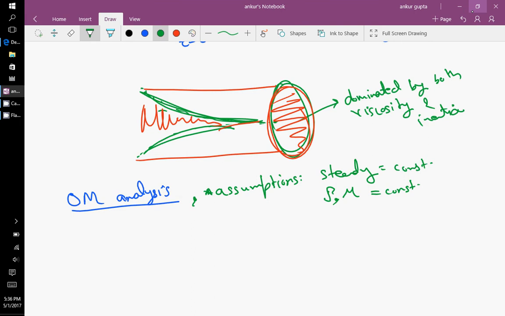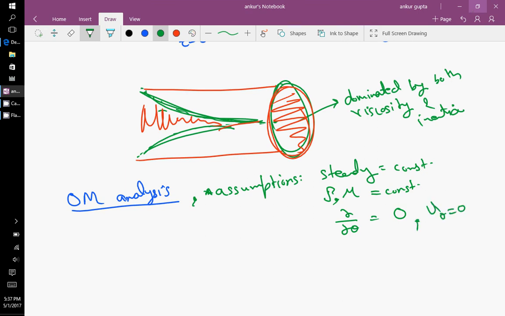And because it's a pipe, we can also assume del by del theta is 0, or it is axisymmetric. Okay. So now let us discuss the equation of continuity in the cylindrical coordinates, and within the cylindrical coordinates we will assume that the del by del theta terms and v theta are equal to 0.